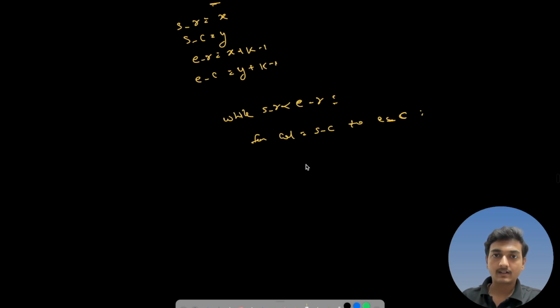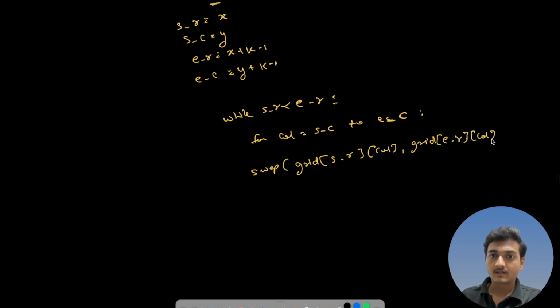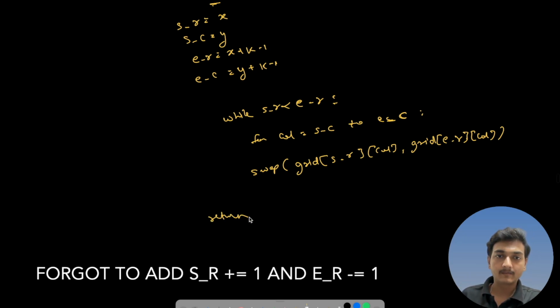So whatever grid element, I would be writing something like this: swap grid of start row of column and grid of end row of column. That's it. Once I am done with this, I can simply return the grid.